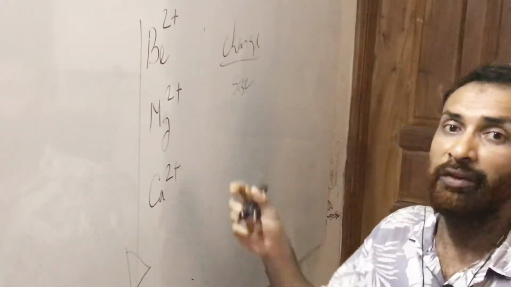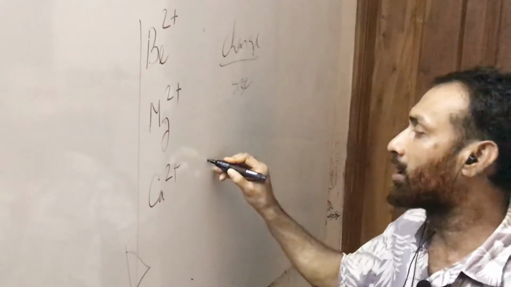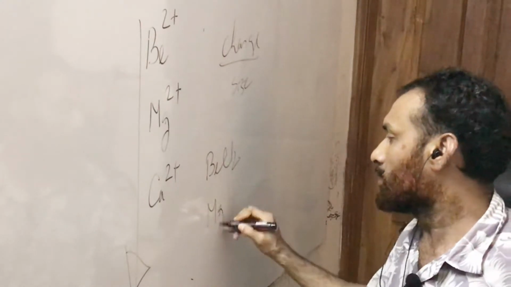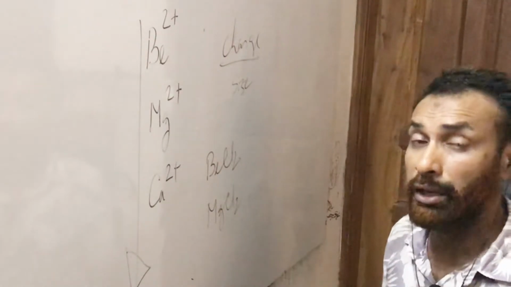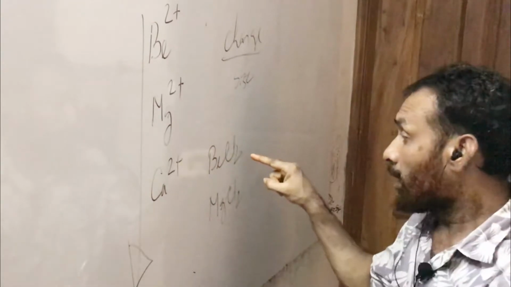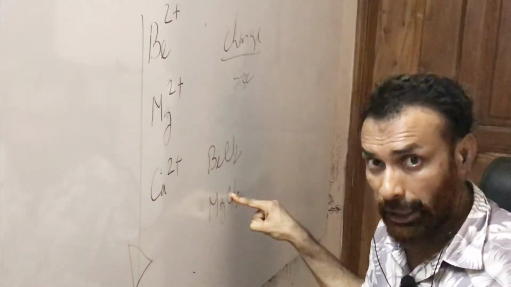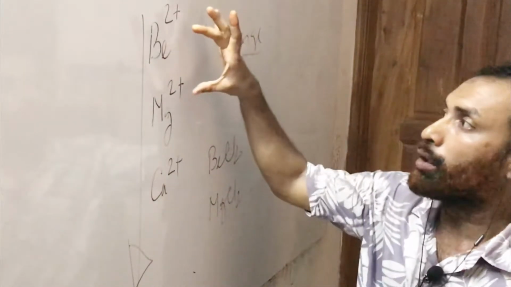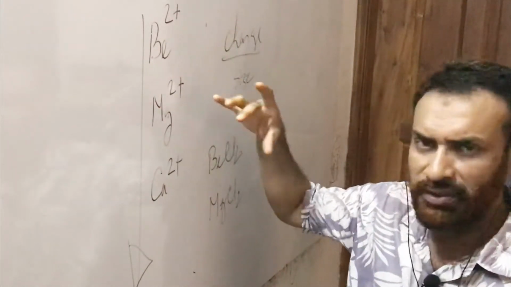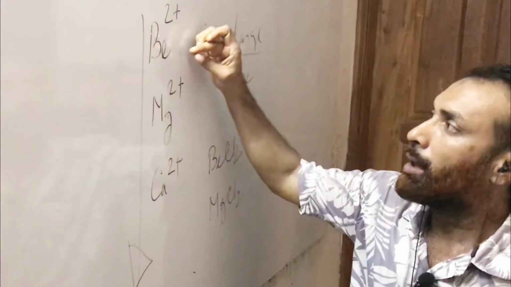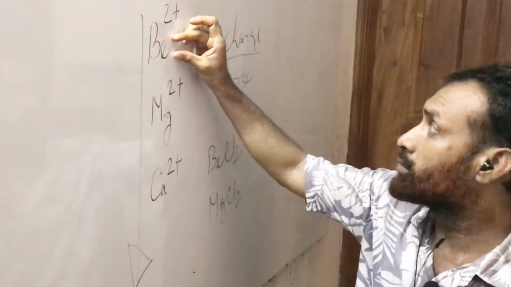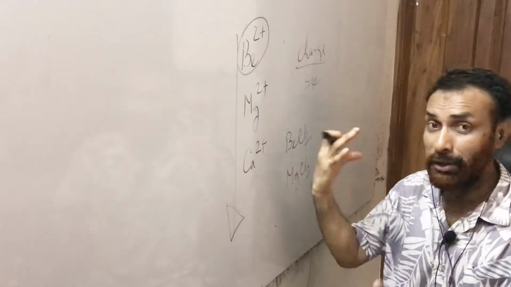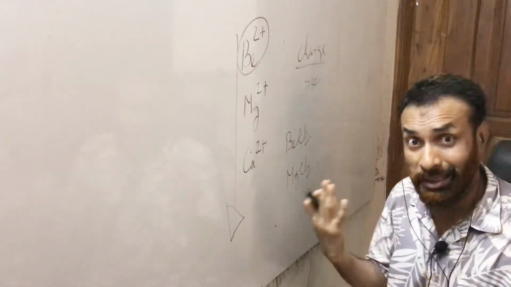And accordingly, if you get the compound, suppose here you get beryllium chloride and you get here magnesium chloride, then suggest me which one is more covalent. You see chloride is the same in both compounds, but the difference is in beryllium and magnesium. Look here, beryllium and magnesium have the same charge, but because beryllium is a smaller ion, charge density of beryllium will be greater, so that would have greater polarizing power.